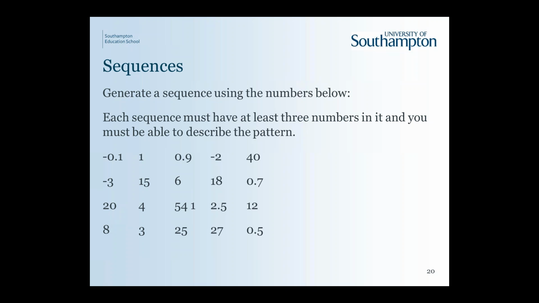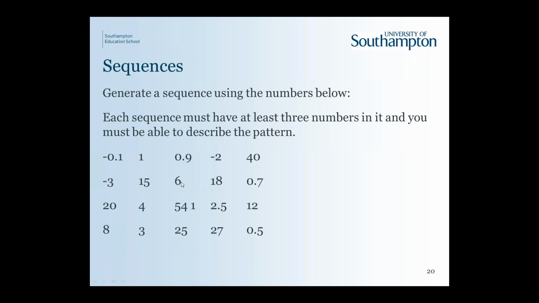You can just give them a load of numbers, ask them to put together some sequences, and swap them with their partners and get them to figure out what the pattern was. And initially they won't be very inventive. They might just be like 1, 4, 6.